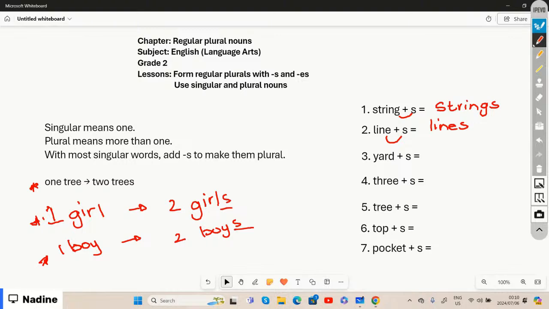All right, if we were to identify yard plus s, then yard plus s would be yards, because we are referring to more than one yard. So more than one yard is yards.